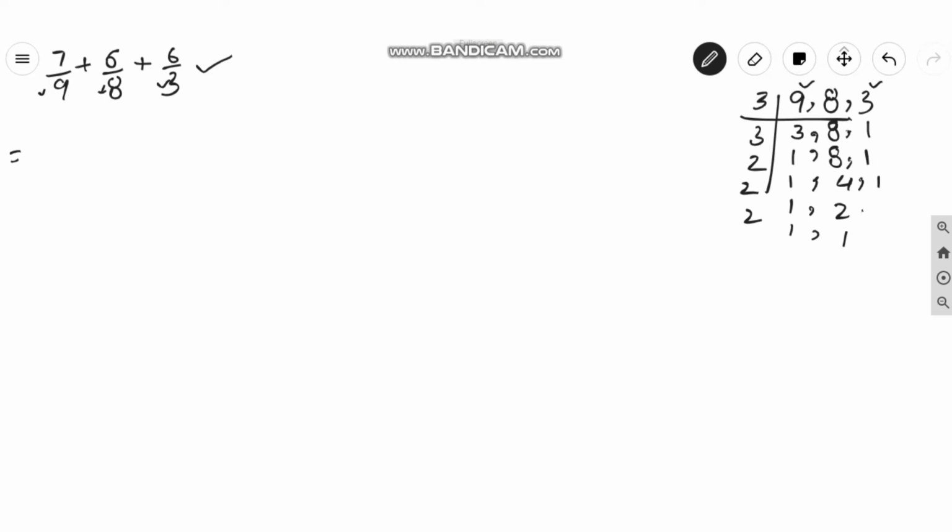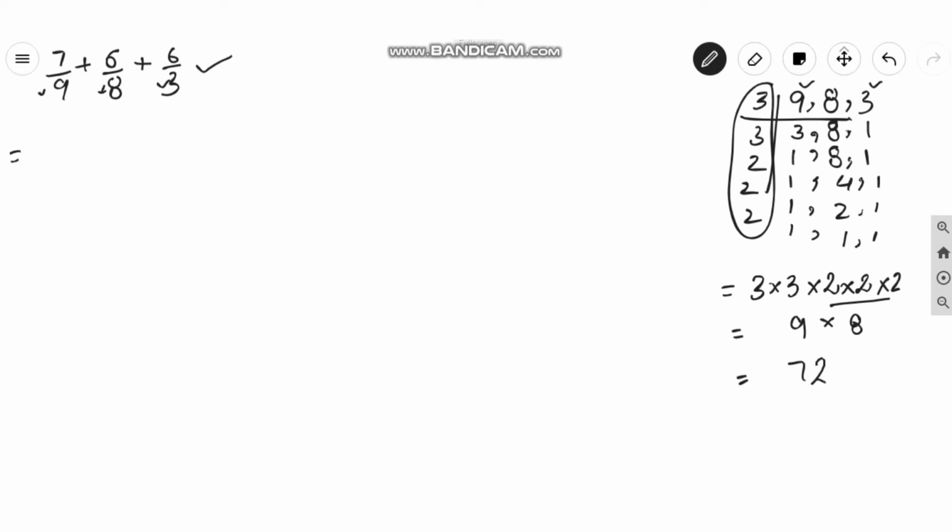Now multiply these factors. It becomes 3 multiply 3 multiply 2 multiply 2 multiply 2. It becomes 8 and it becomes 9. So it becomes 72. Now just put a line here.